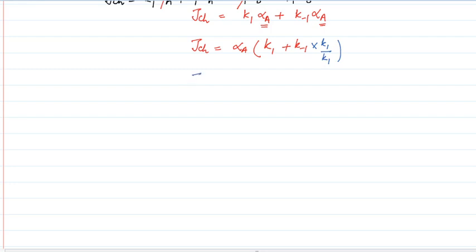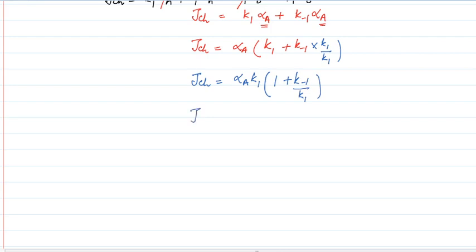So we will get then JCH will be equal to alpha A. If we take now this K1 outside, it will be K1 here and it will be 1 plus, this K1 is gone, so it will be K minus 1 upon K1.